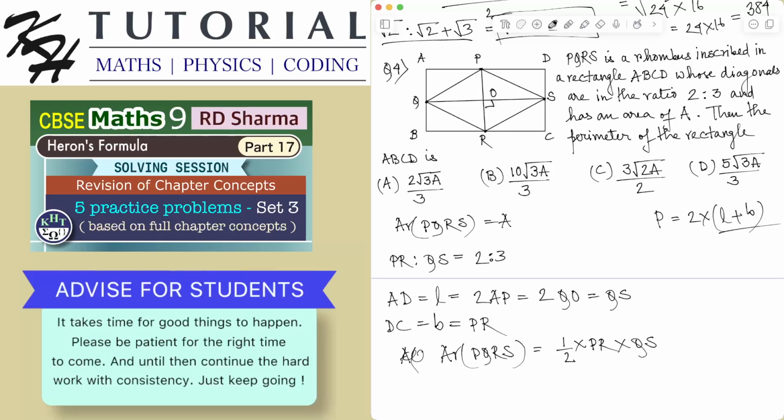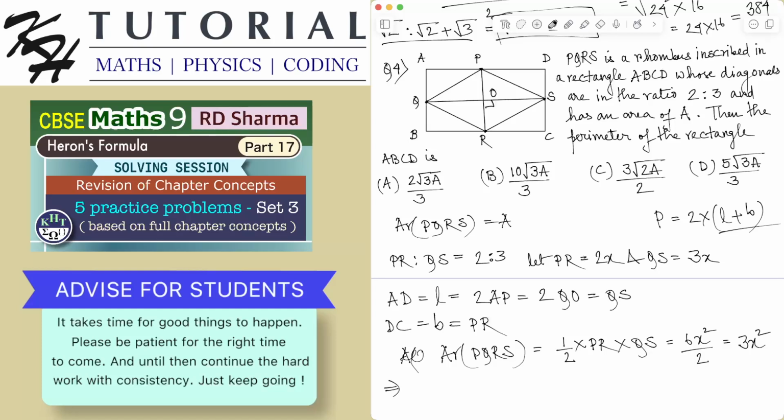So based on this ratio, let's say I am assuming PR to be equal to 2x and QS is equal to 3x. Then the area of the rhombus PQRS will be half into PR into QS. This will be equal to 6x square by 2, which is 3x square.